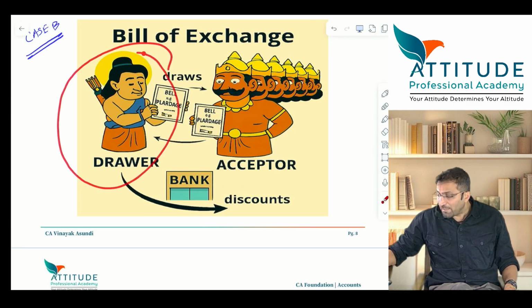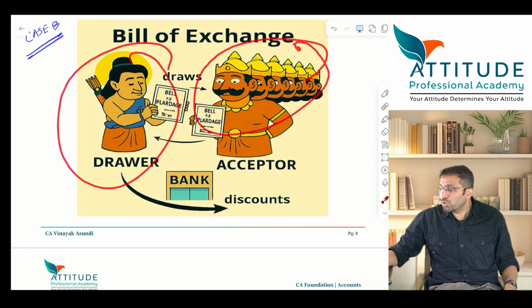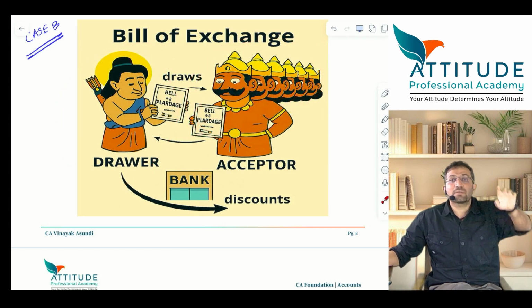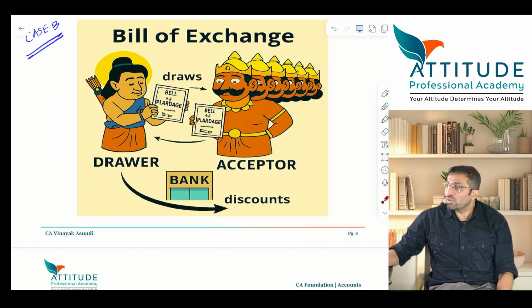And you, Ram, will tell Ravan, you are the useless fellow, you are the party who is at fault. So I will receive everything from Ravan. So Ram will say, Ravan account debit 110 to bank account 110.